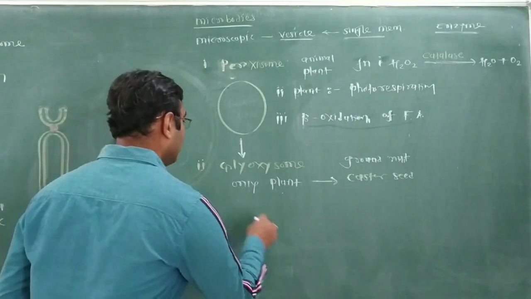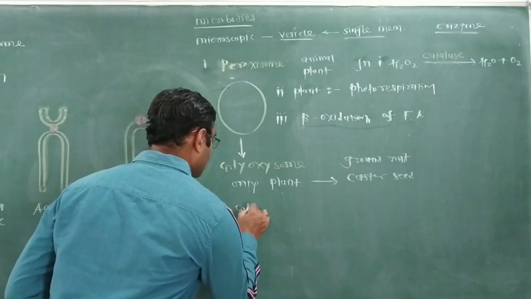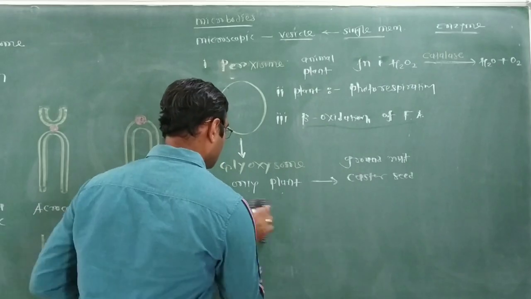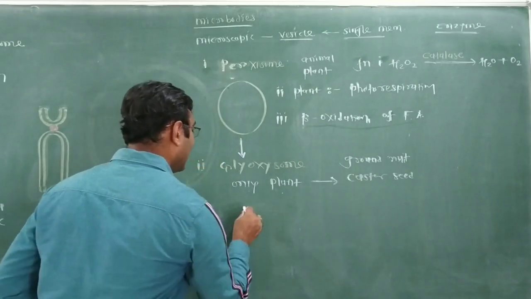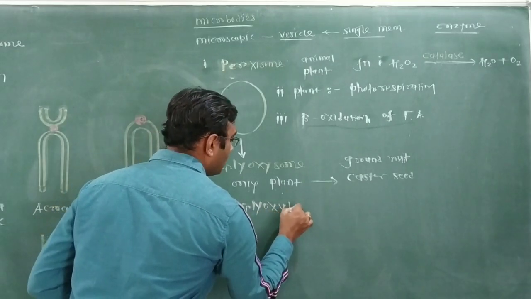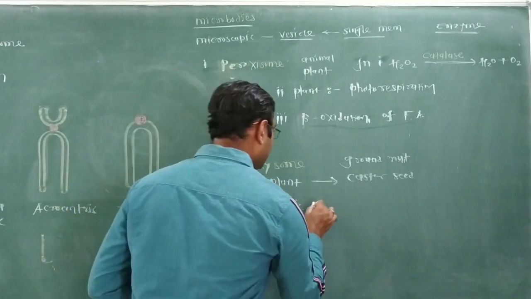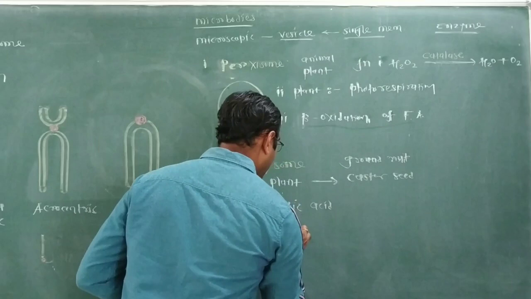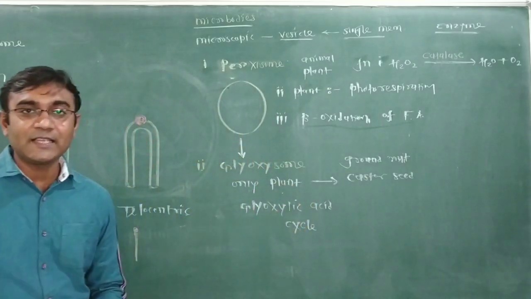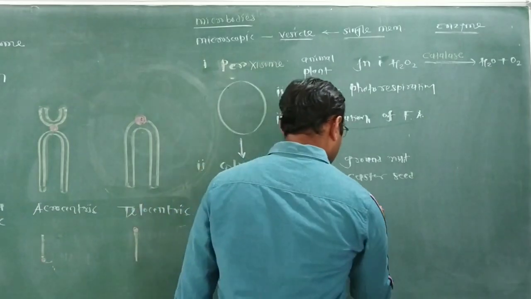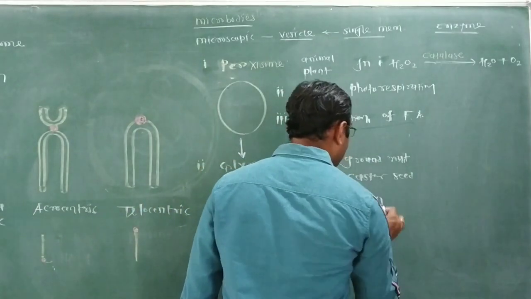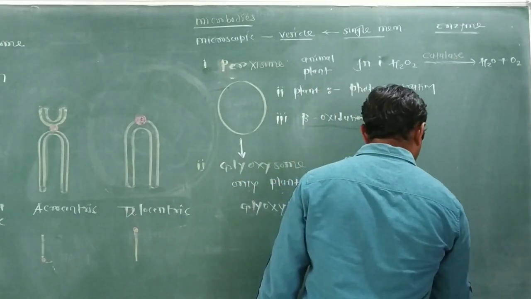Glyoxisome is associated with the glyoxylic acid cycle. In this glyoxylic acid cycle, fat or lipid is converted into carbohydrate.